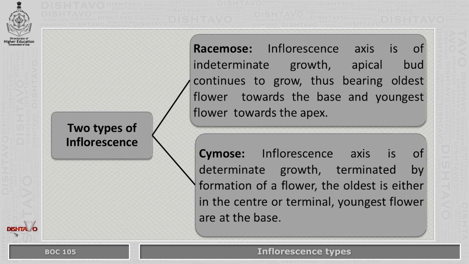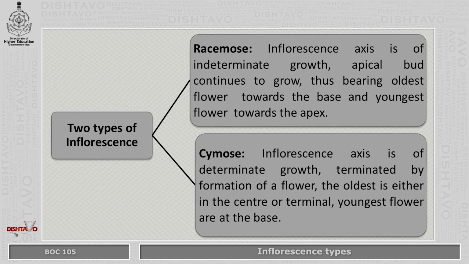Whereas in cymose inflorescence, the axis is of determinate growth, terminated by the formation of a flower.